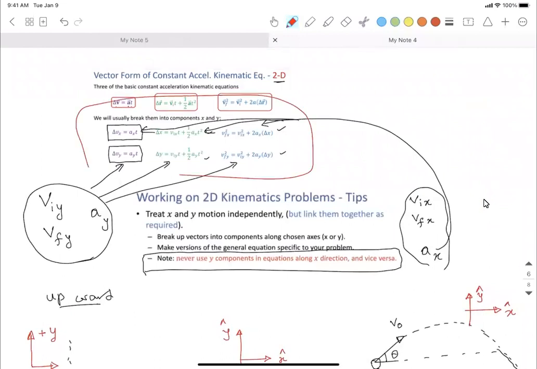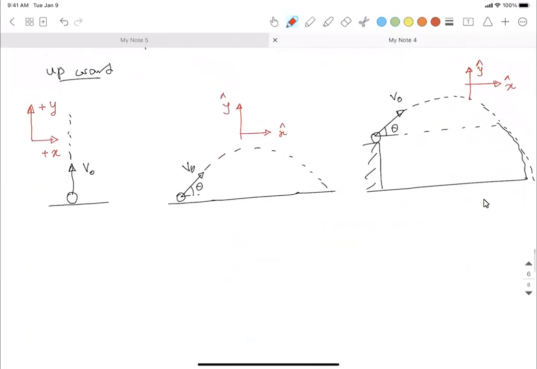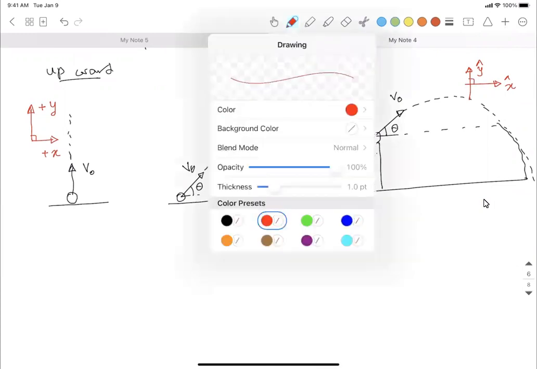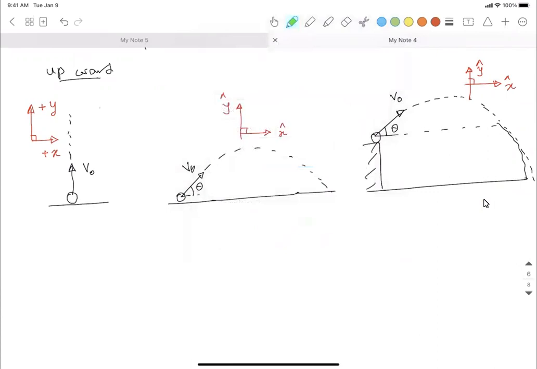Now, with these coordinate axes, x and y, for any of these cases, we have the gravitational acceleration always vertically downward. g equals 9.81 meters per square second, vertically downward.